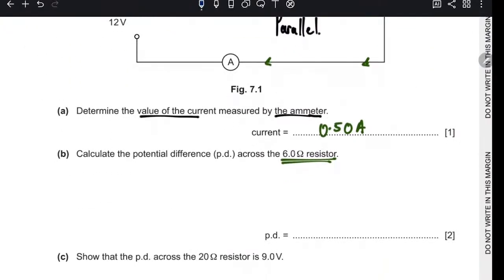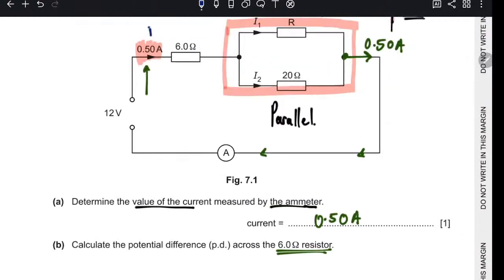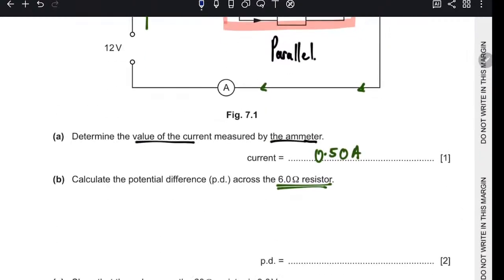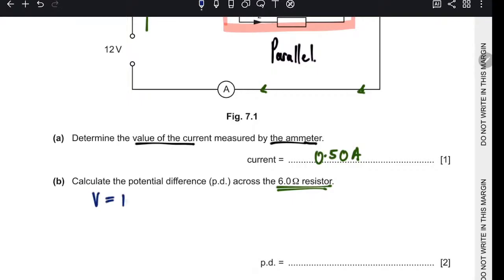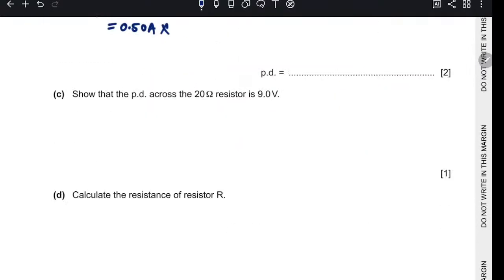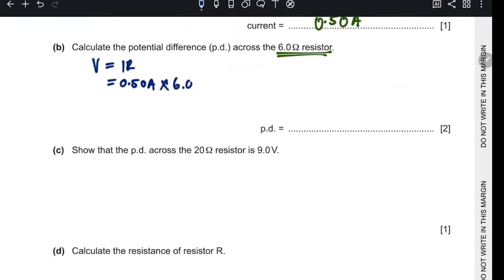So here I have I, I have R. That means I can find V. V is IR, which is 0.50 amps times 6.0 ohms. And if you multiply, you get 3. 3 what? Volts. Okay, so you can even make it 3.0 volts, doesn't matter. Volts. Because we used Ohm's law.